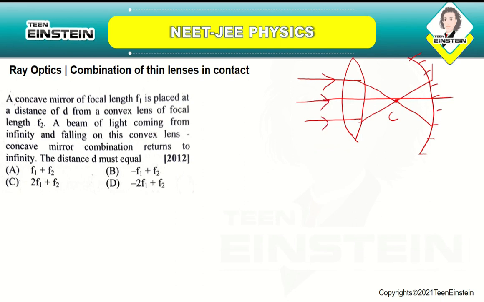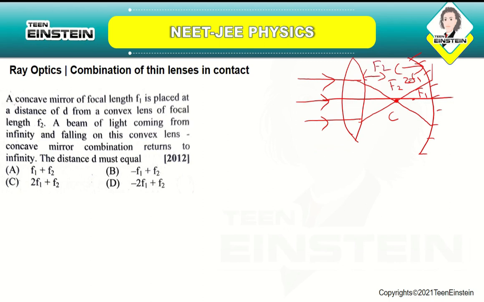So this is f2 and this is f1. So this will be 2f1 and this will be f2.